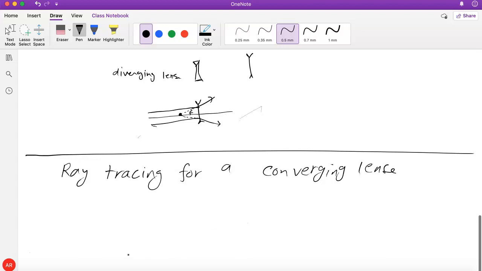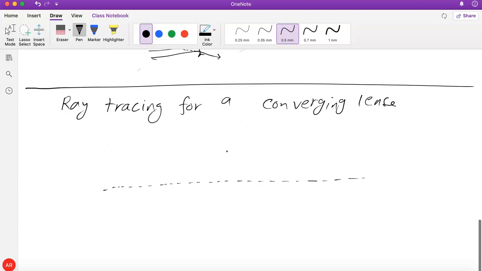So consider, let's say this is the optical axis. Here's our lens. Let's say these are the two focal points. And imagine I put an object somewhere over here.